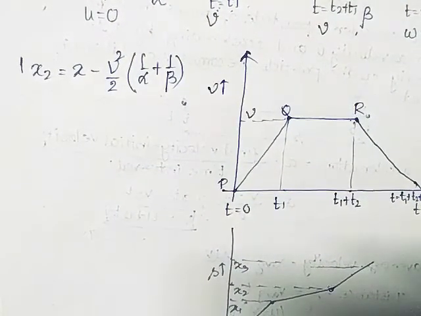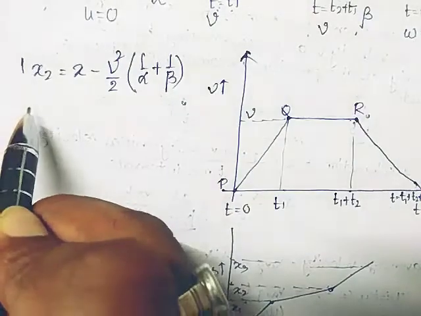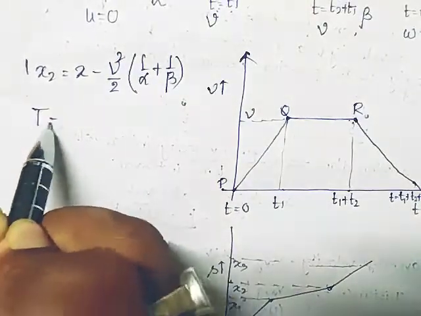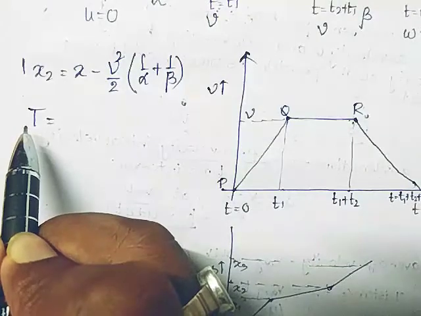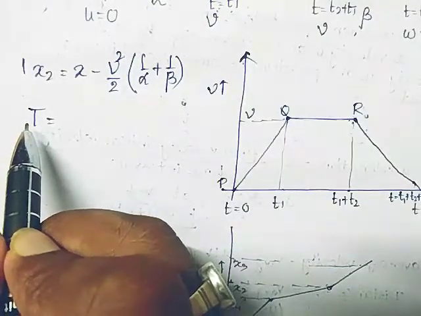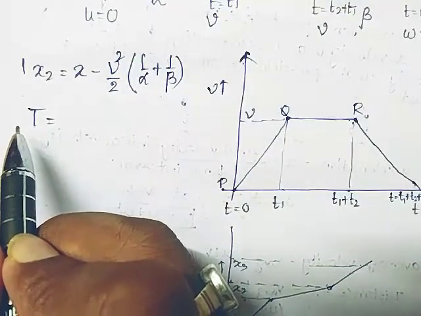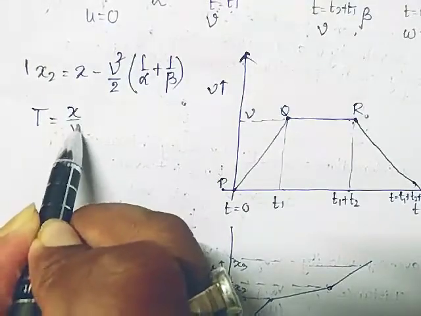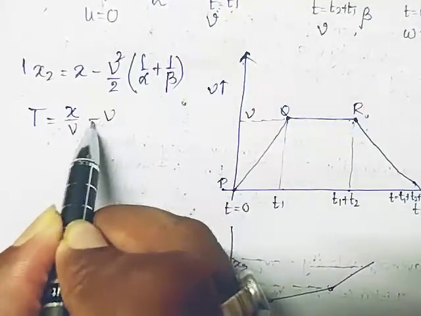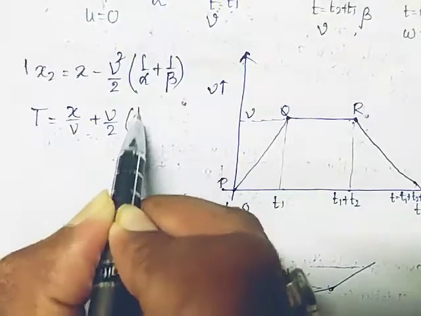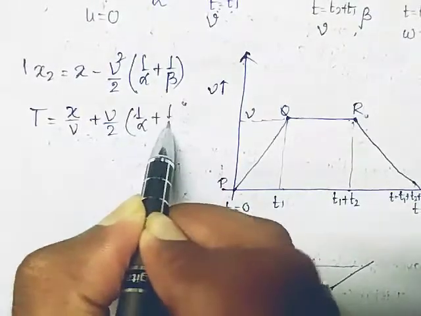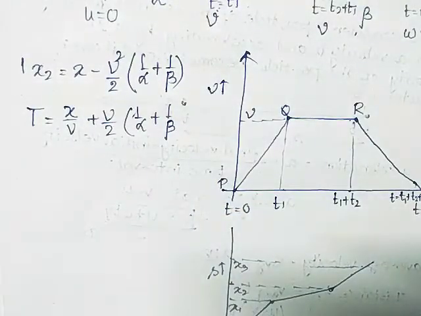And the total time taken, if I represent it by capital T, is the sum of t1 plus t2 plus t3, and that will be x by v plus v by 2 into (1 by alpha plus 1 by beta). These two things we need to prove.